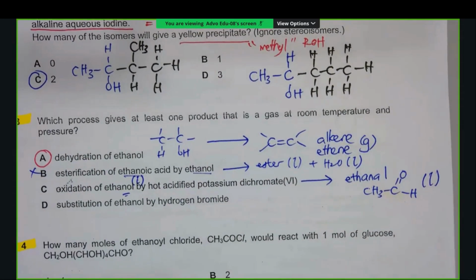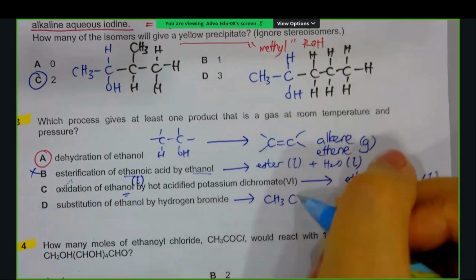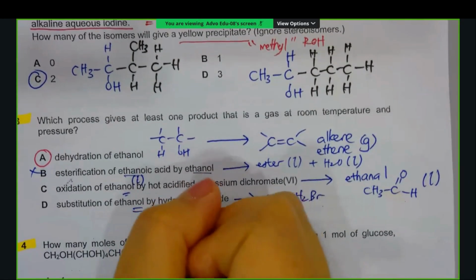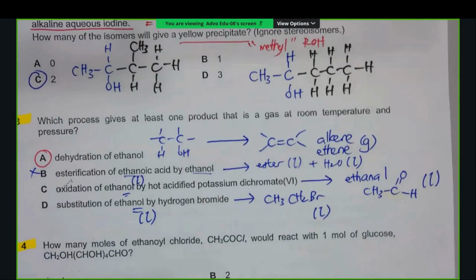Now D, substitution by hydrogen bromide. What you have is CH3CH2Br. This one is already a liquid. Most likely it will be a liquid as well because the electron cloud is pretty big because of Br, so it should be quite substantial in terms of boiling point. So the answer is A.